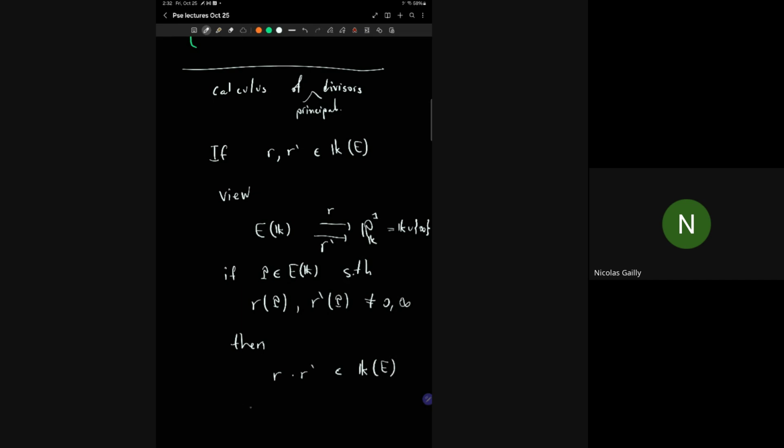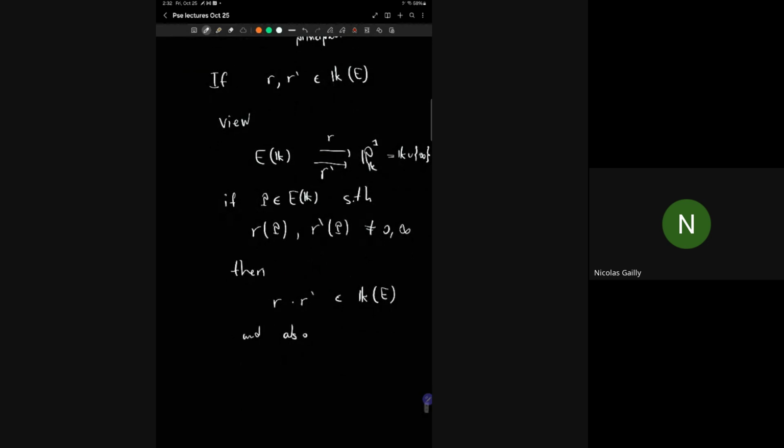But I can also take R of P, an element in the field K, and R prime of P, and multiply them, and I claim that this is equal to this algebraic object R times R prime, evaluated at P.